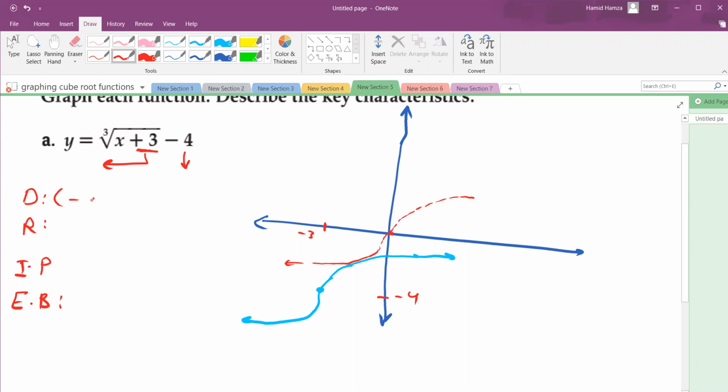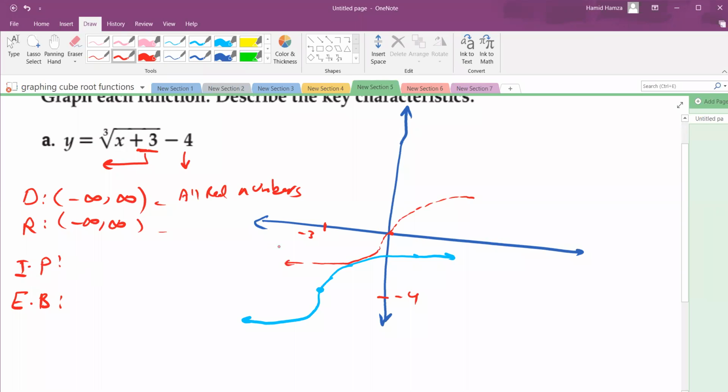Negative infinity to infinity. It's continuous, guys. And the range? Negative infinity to infinity. So the domain and range are the same: all real numbers. Okay.